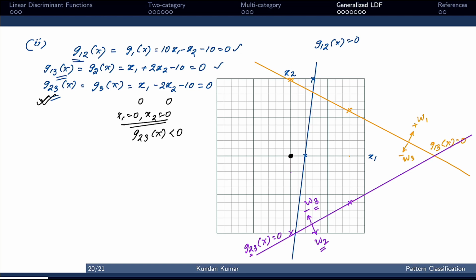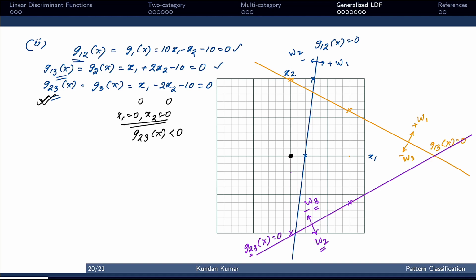And for g12(x), this is the negative side because on the left-hand side we have the origin, and this is the positive side. So the negative side is omega 2 and the positive side is omega 1.